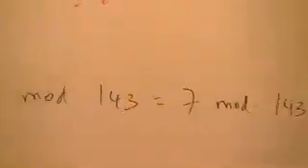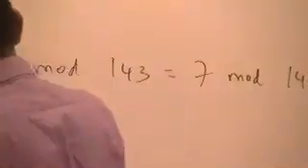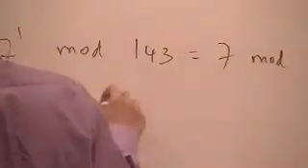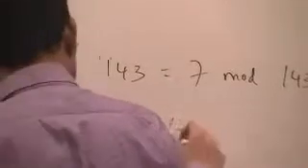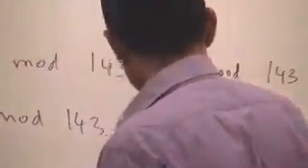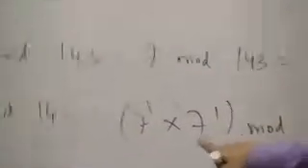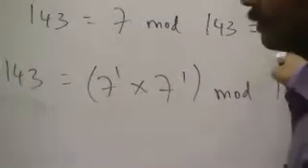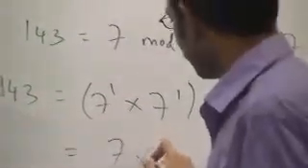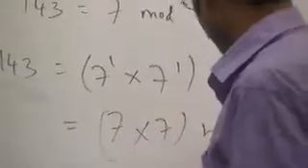Okay? And then you want to find 7 square mod 143. 7 square is 7 raised to 1 times 7 raised to 1. And we know 7 raised to 1 is 7 in terms of mod 143. So it is 7 times 7 mod 143.